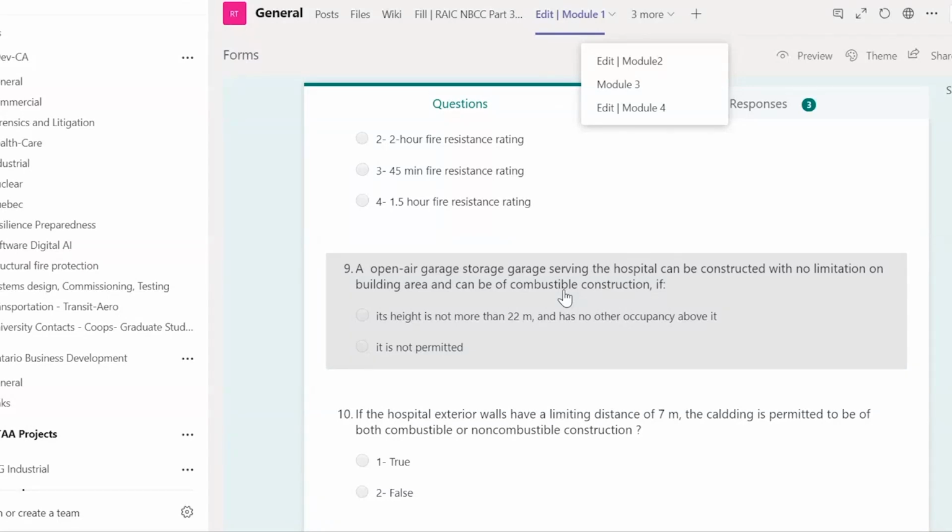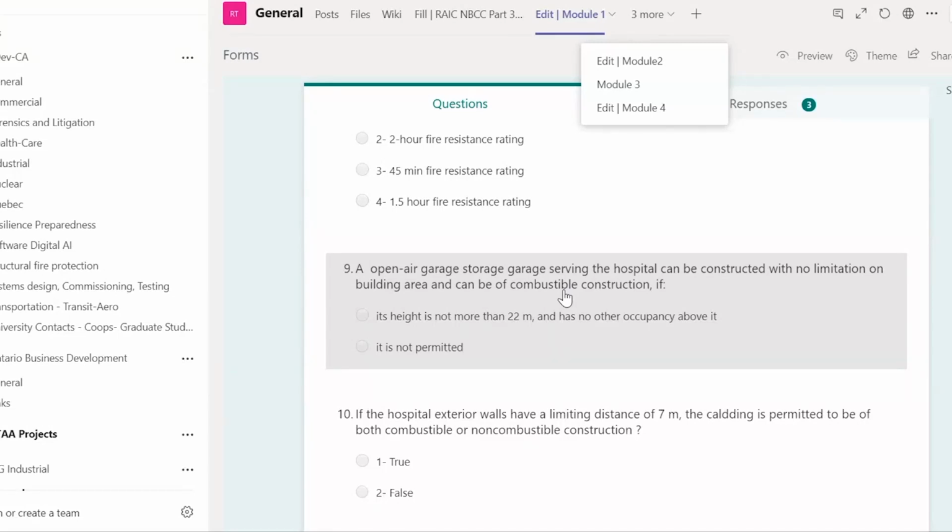We also talked about the fire separations yesterday related to storage garage fire separations from other building areas, so in hazardous occupancies. So double check the hazardous occupancy requirements. You will see storage garage. Double check the definitions in Part 1, and also double check the construction provisions of 3.2.2.90, and you will see some requirements and allowances for open air storage garages.